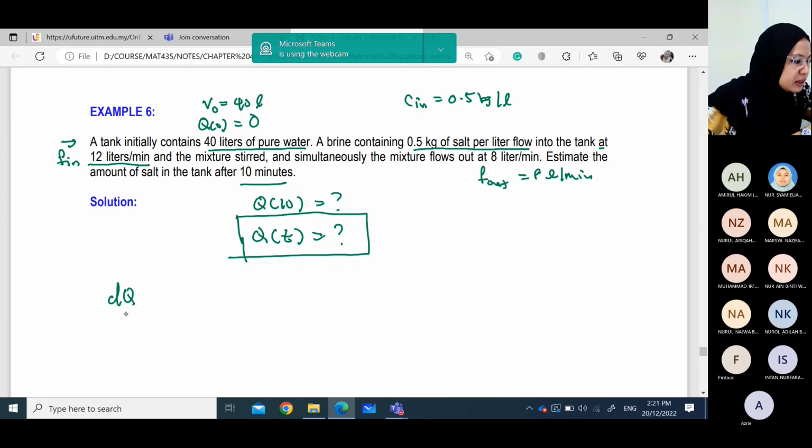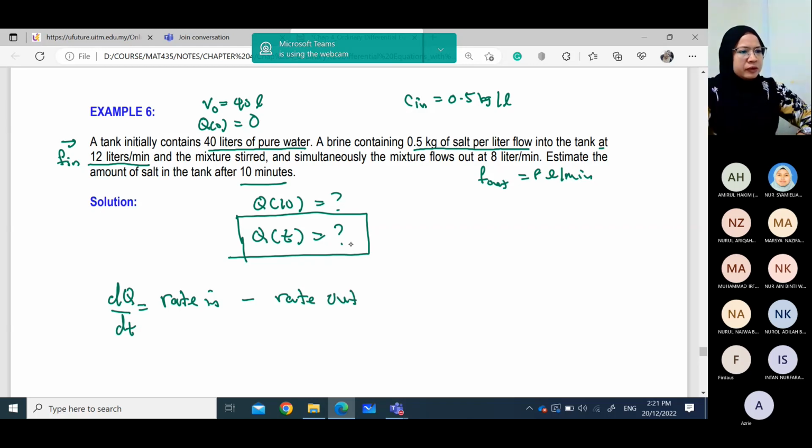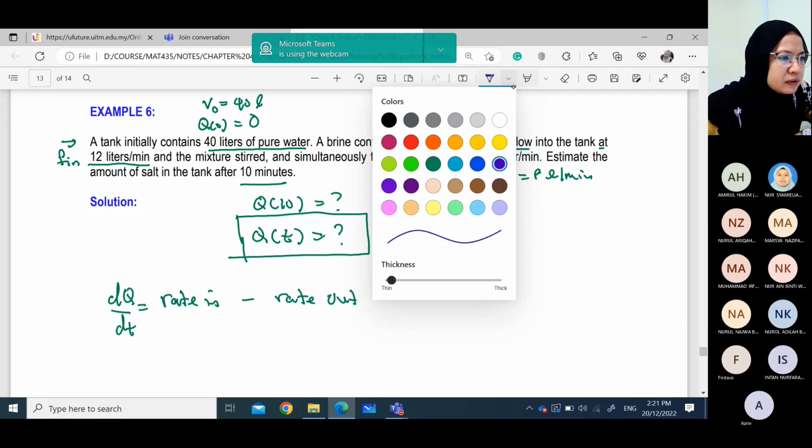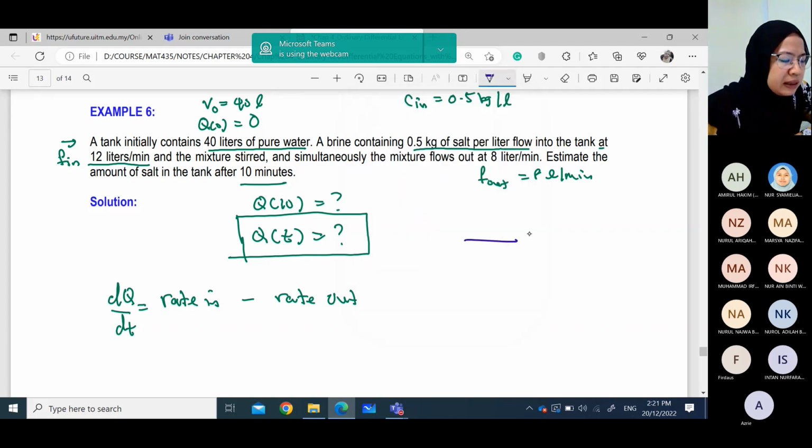So the equation is based on this one, dQ/dt equivalent with rate in minus rate out. Okay. Ini tangki dia.